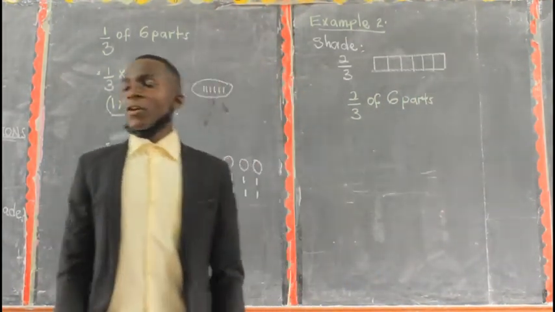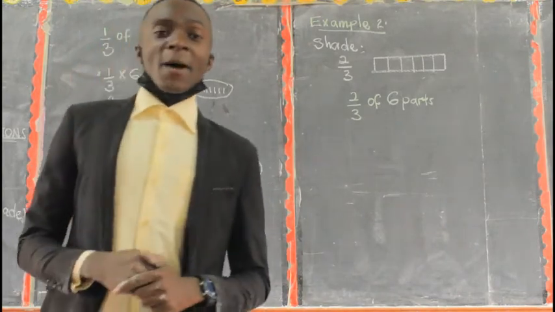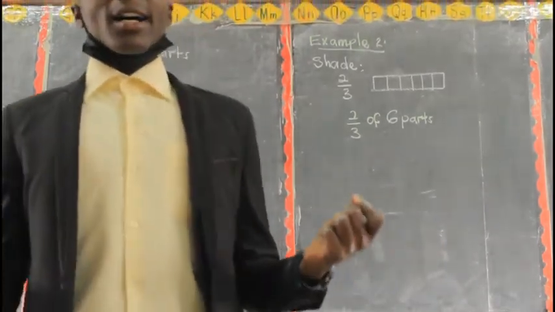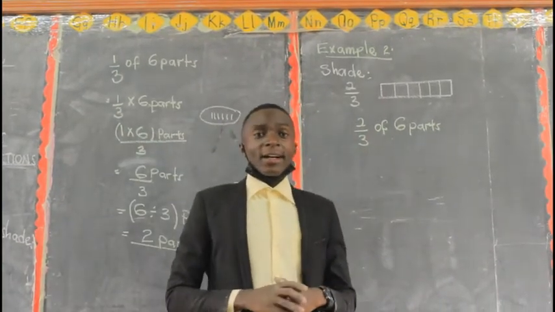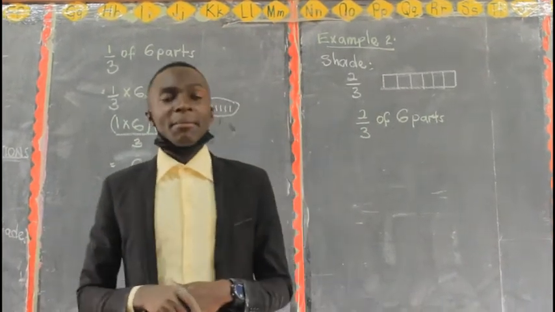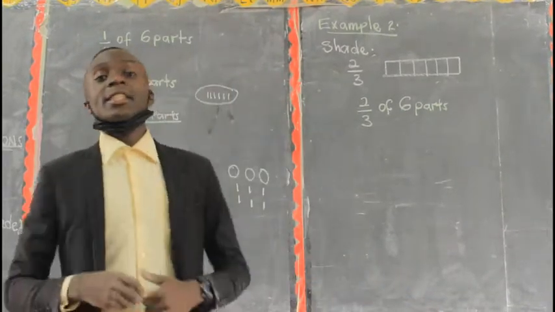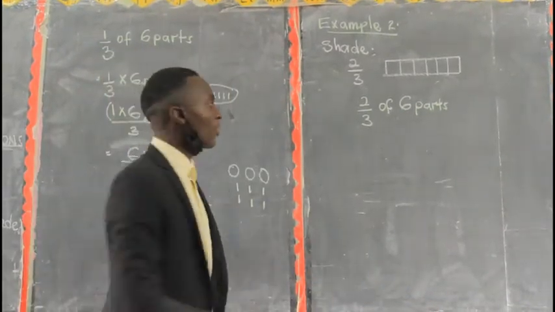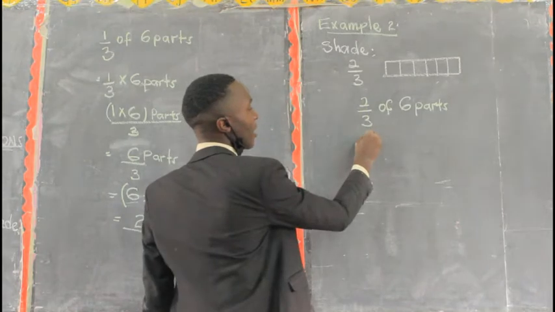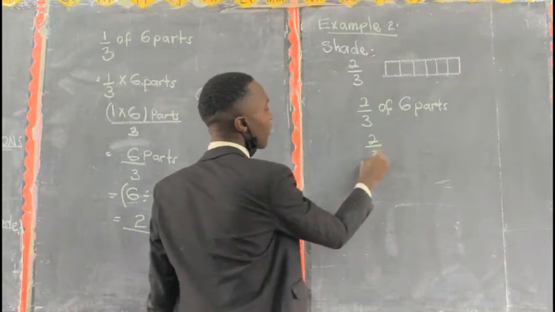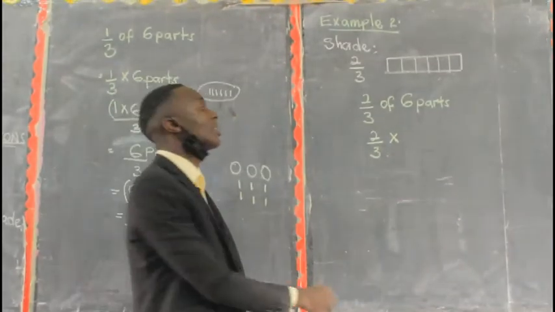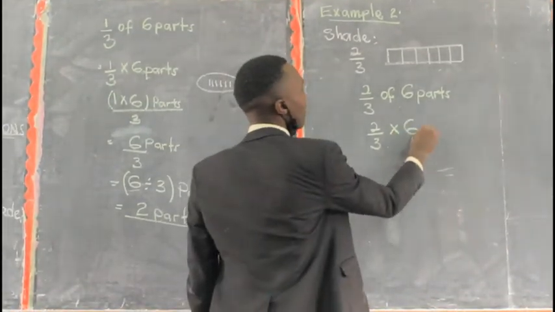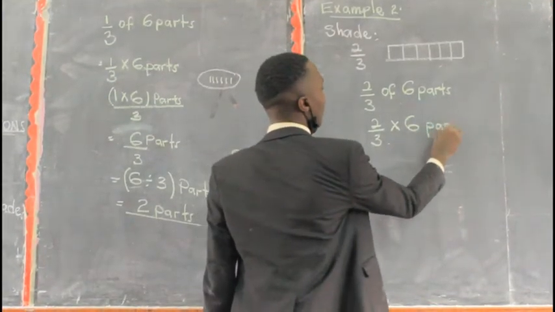Any child who remembers what the word "of" means? The word "of" simply means multiplication. So we say it is 2 out of 3 times 6 parts.